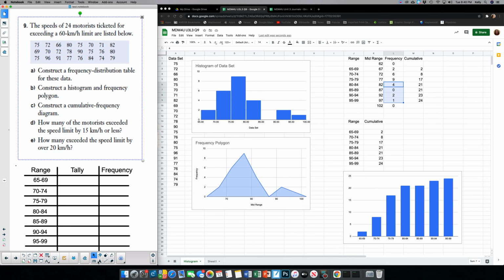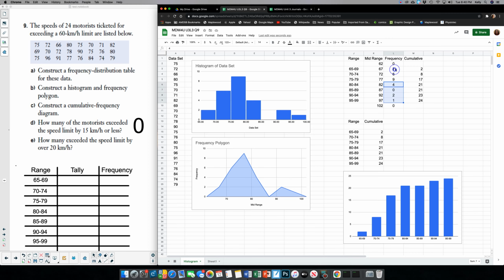So let's put those answers in there. The answer here to this one was none. Oh, wait a minute, 15 kilometers or less. So anything under 75. I don't know what I was looking at. I was thinking 5, not 15. So anything under 75 are the first 2.